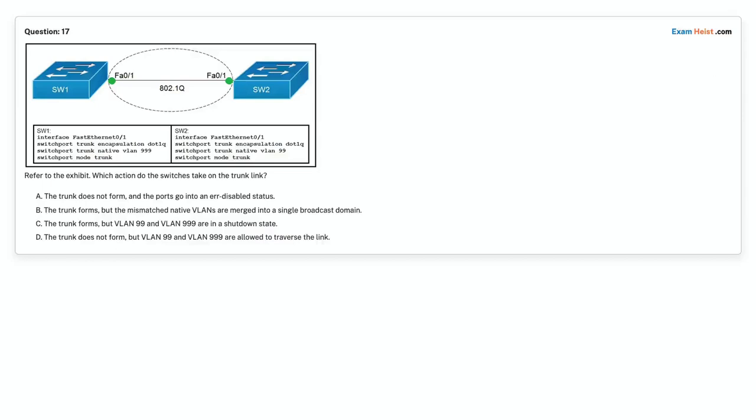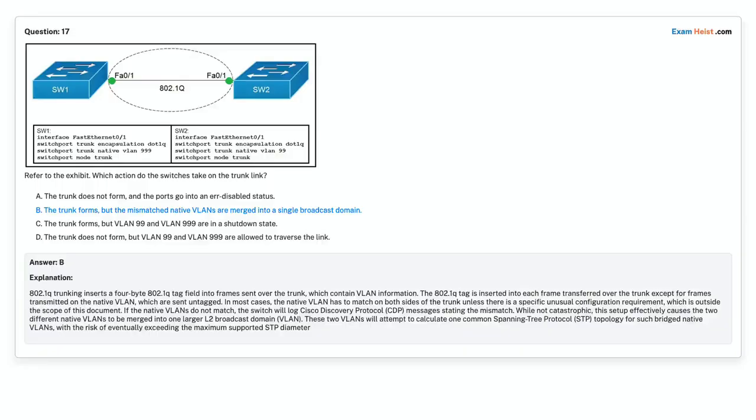Option C. The trunk forms, but VLAN 99 and VLAN 999 are in a shutdown state. Option D. The trunk does not form, but VLAN 99 and VLAN 999 are allowed to traverse the link. Choose the correct answer. Correct answer is option B. The trunk forms, but the mismatched native VLANs are merged into a single broadcast domain.